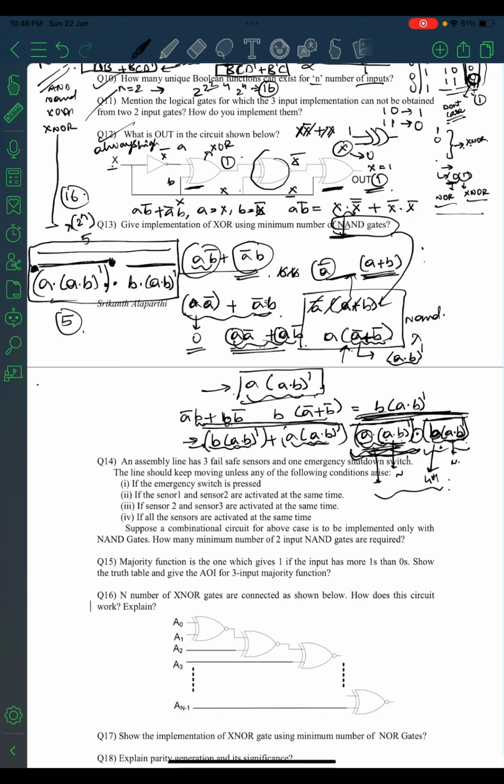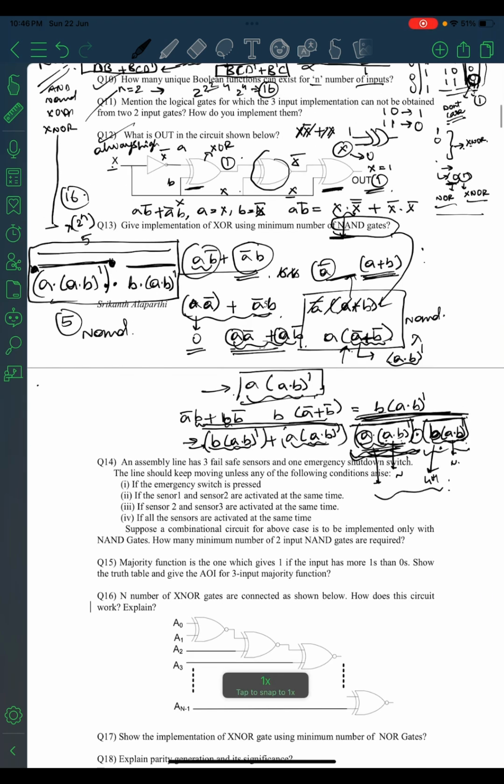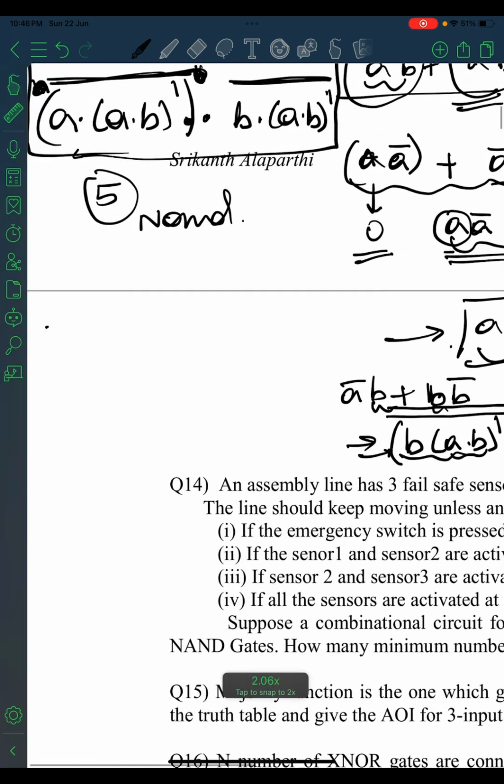How many NAND gates? If you want to draw this, that becomes A B, because A dot B whole bar, right?